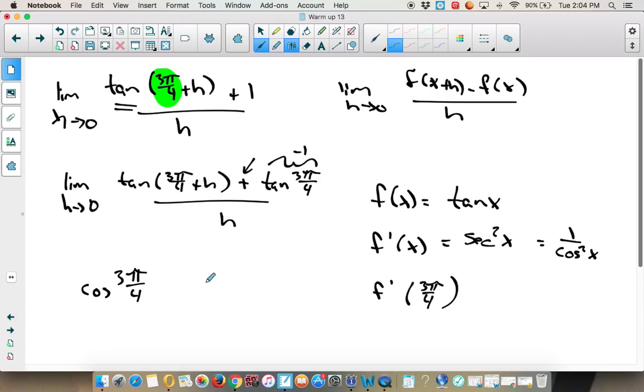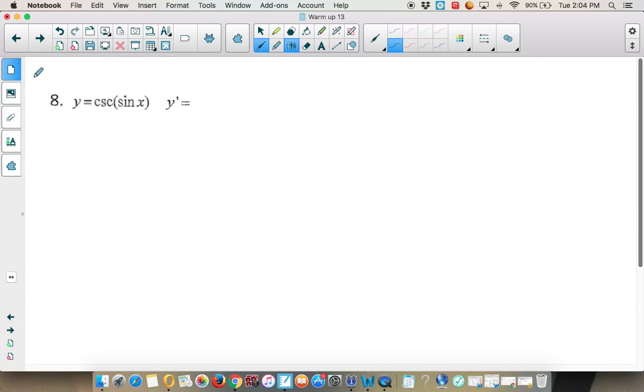Cosine of 3 pi over 4 is negative square root 2 over 2. So that's 1 over (square root 2 over 2) squared, which is 1 over 2 over 4. Sorry, that's a negative. That's going to simplify to be 2. All right, so we're going to go on.